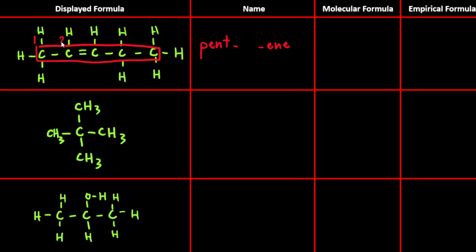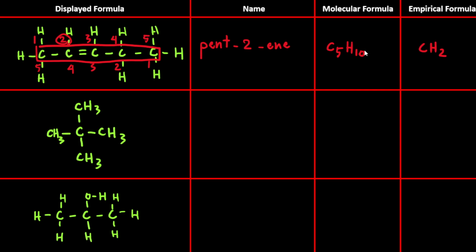It can be 1, 2, 3, 4, 5, or it can be 1, 2, 3, 4, 5. I'm picking a smaller number, so it's going to be pent-2-ene. My molecular formula is simply the addition of everything, okay? So it's going to be C5H10 because there's 5 carbon and 10 hydrogen atoms. My empirical formula is simply CH2.